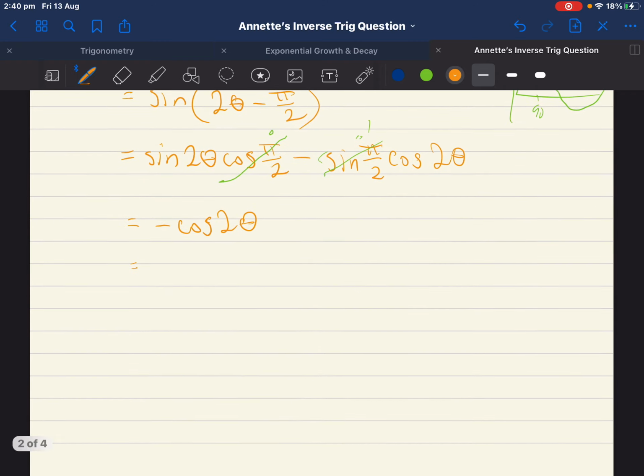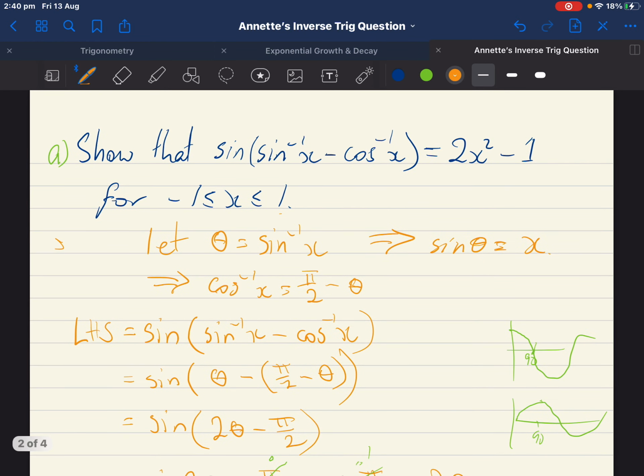Okay, from here, cos 2 theta is cos squared theta minus sine squared theta, but the whole thing's been minused, so the signs are swapping around. And check it out, what is sine squared theta? Well, we know sine theta is equal to x.